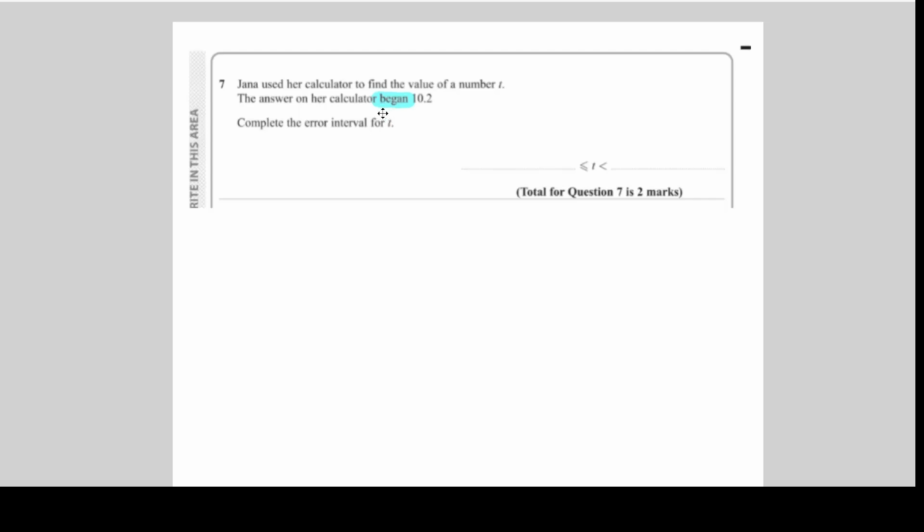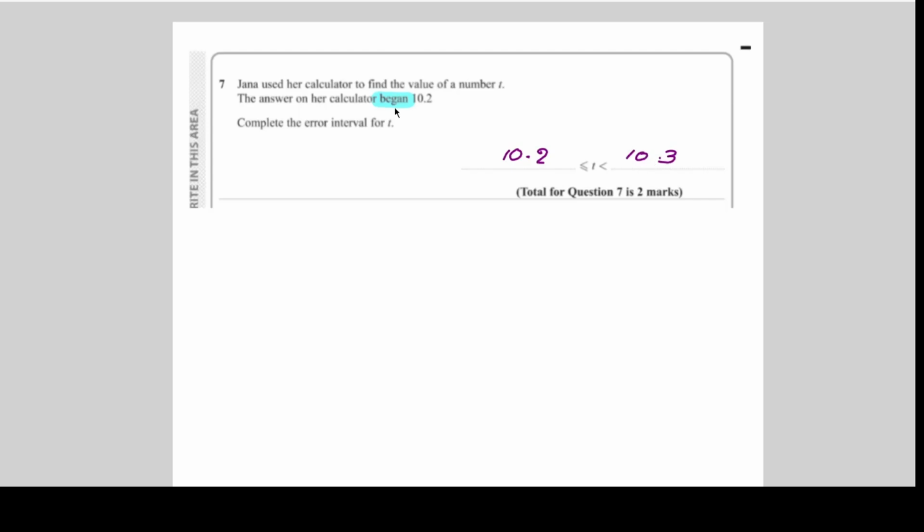This word says that don't round them off, just cut them off. Then when writing this error interval, we get this one as it is, which is 10.2. So the possible one which shouldn't be included in the error interval is 10.3. We need to include the rest from 10.2, but we shouldn't include 10.3.